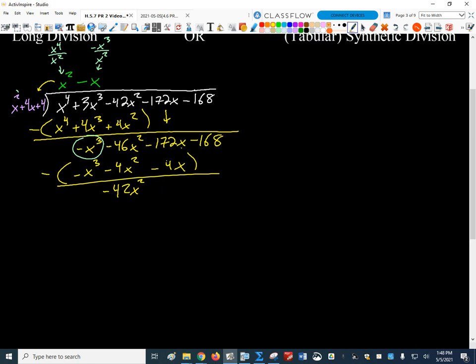Negative 172x minus negative 4x. There you go, negative 168x. Good. And then I bring down the negative 168.